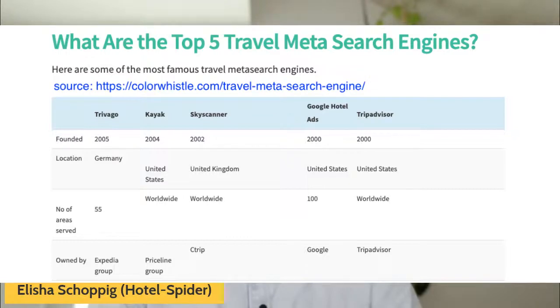And then I want to just draw your attention to the bottom. We see owned by Expedia, Priceline, Ctrip. So there we already know a little bit more about who they work for. And then we see Google and TripAdvisor as being independent and not owned by an OTA.